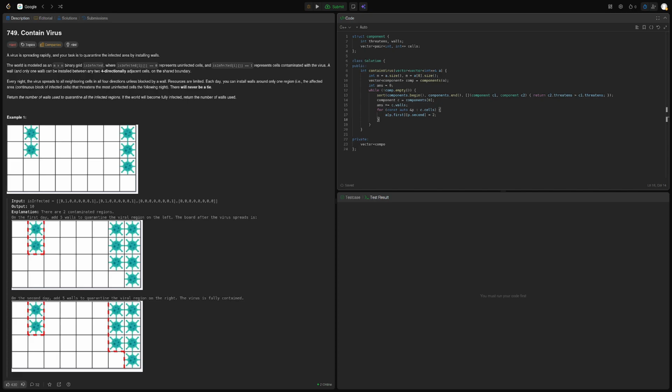Technically I could just spread out the components, but we will see about that later, and then we just return answer.